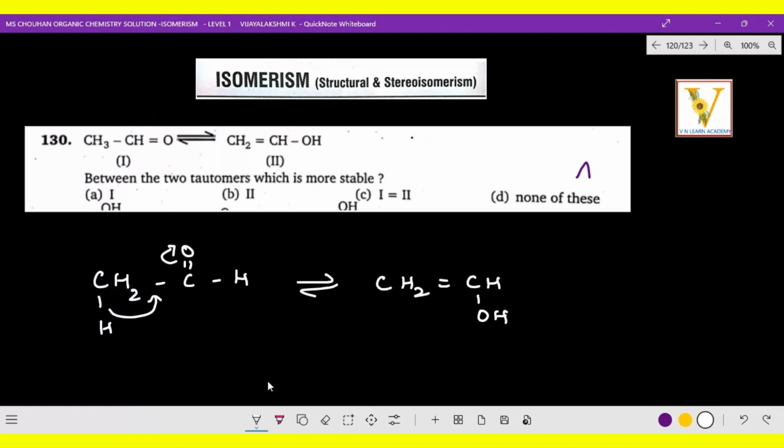Because of bond energy: higher bond energy, you can identify in the C double bond O, the carbonyl group. It is stronger, that means it is more stable. Higher bond energy, thermodynamically more stable.